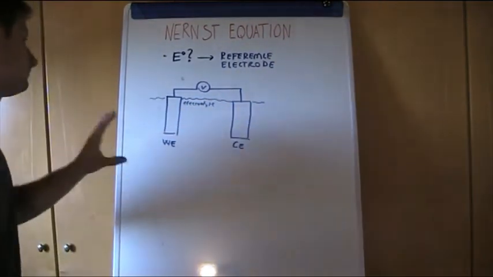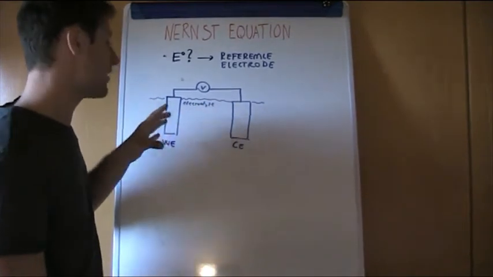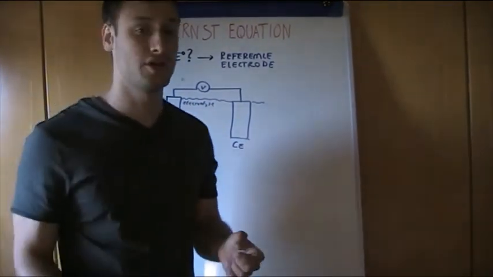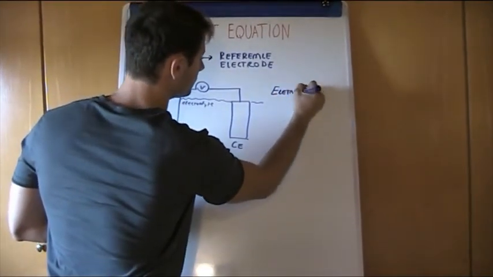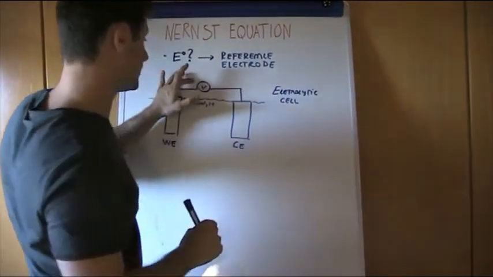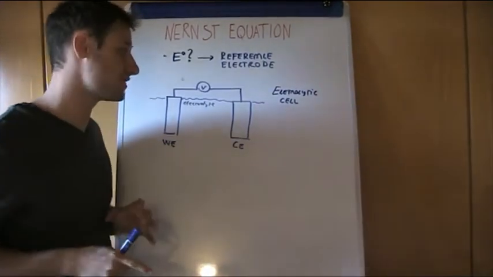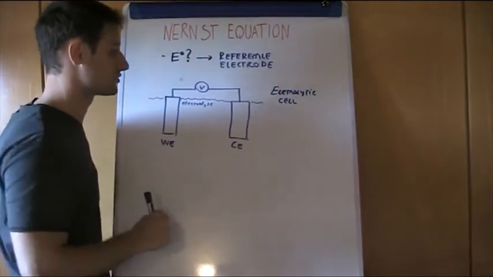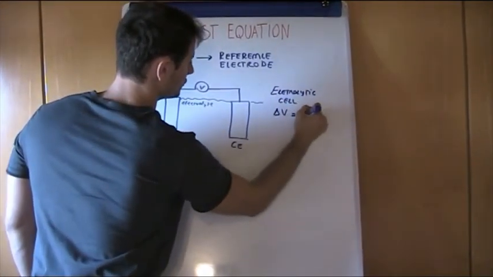So basically, in this case, imagine that in an electrolytic cell we want to apply with a potentiostat, this instrument, a certain potential difference between the two electrodes, equal to 2 volts.